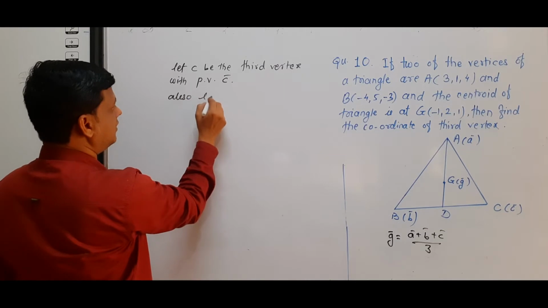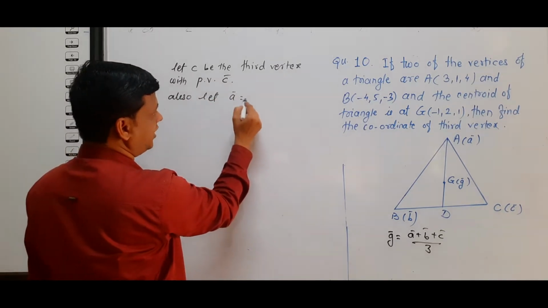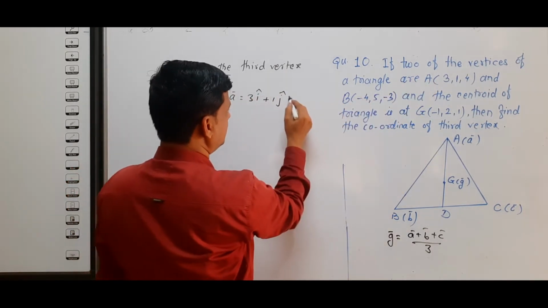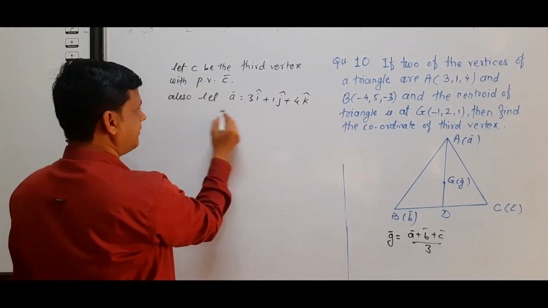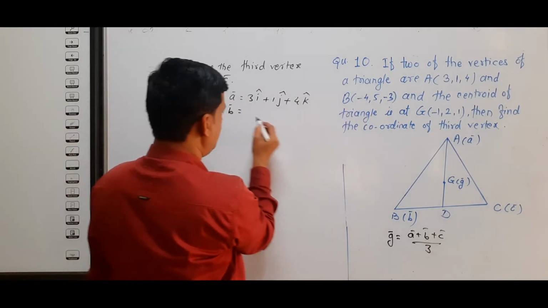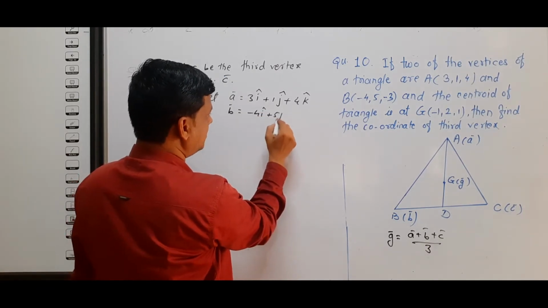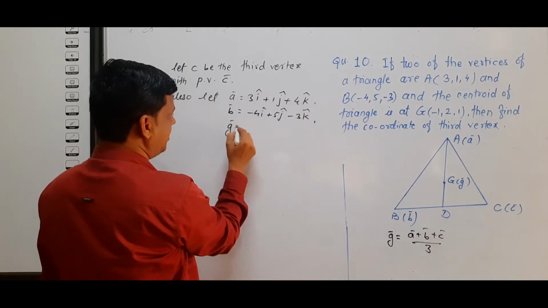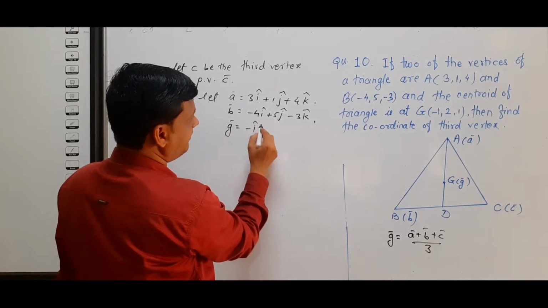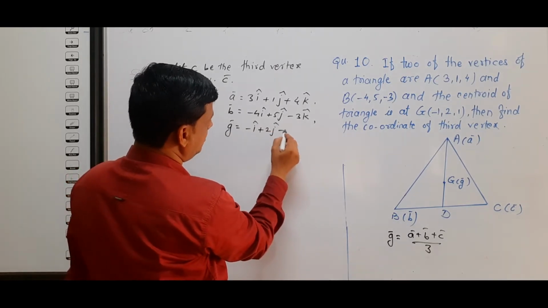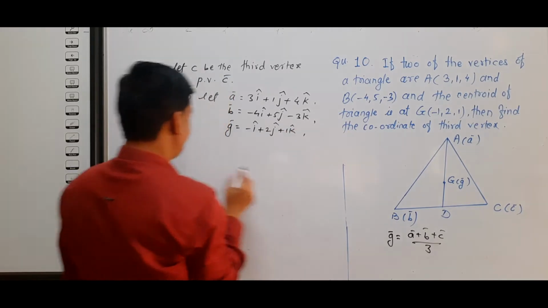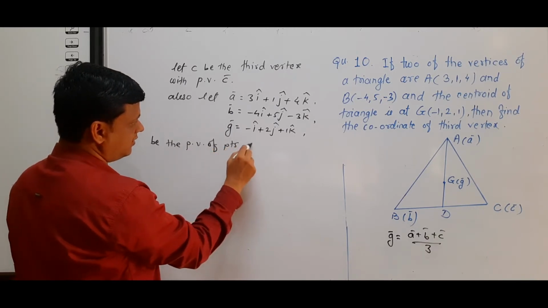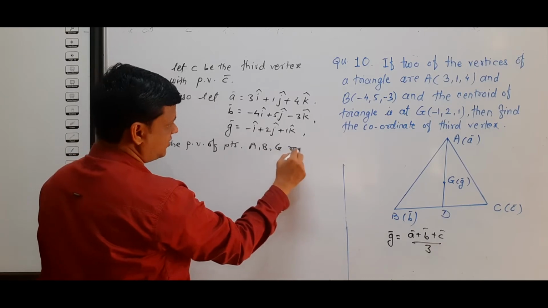Also, let A bar equal 3i plus 1j plus 4k, B bar equal minus 4i plus 5j minus 3k, and G bar equal minus i plus 2j plus k be the position vectors of points A, B, G respectively.